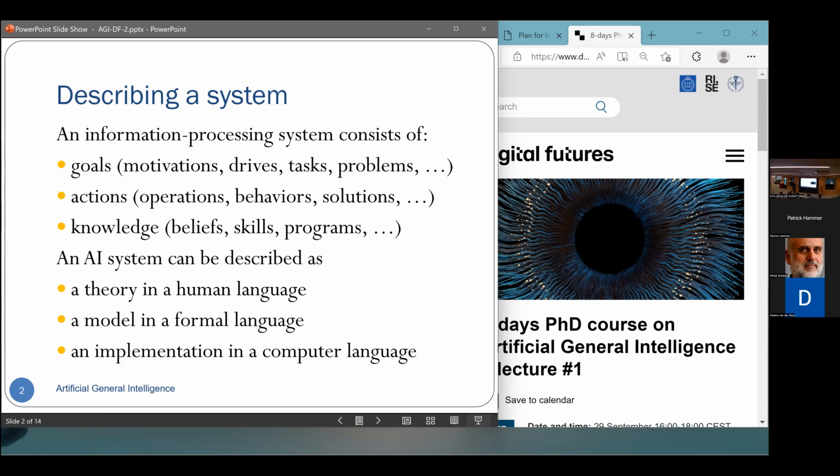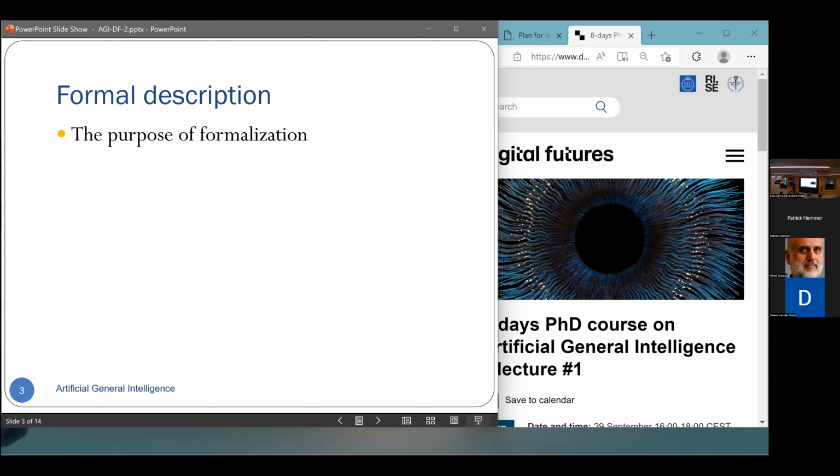So if you think about these three layers, you can see that the top layer and the bottom layer are obvious. Clearly, you need to have some idea in your mind, and eventually you need to build something. And the one that deserves more discussion is the one in the middle. That is whether you do or do not need a formal representation of your theory or of your system.